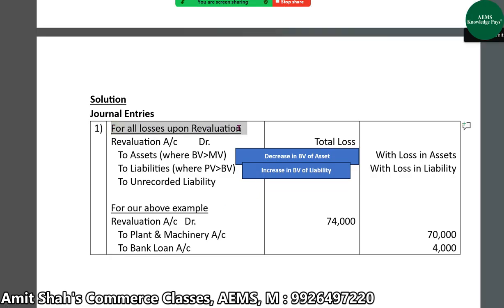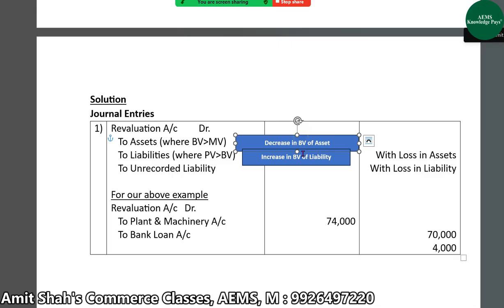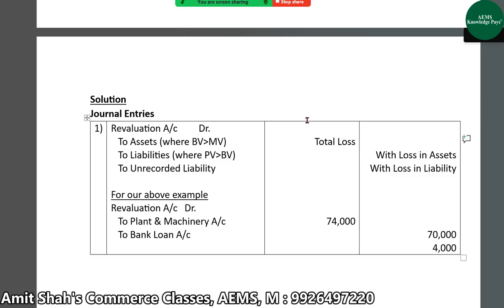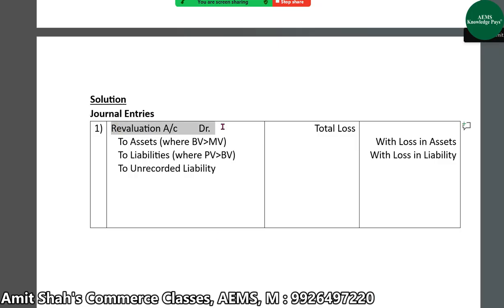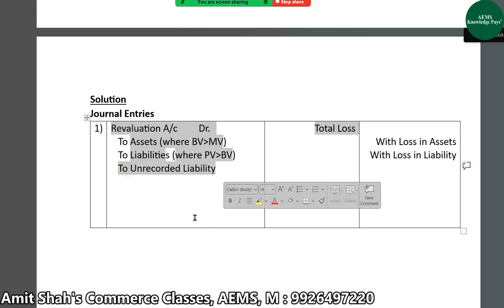The first journal entry would be for losses, where we debit the revaluation account with the total loss. We get to know the total loss from the assets whose book value is more than market value, the liabilities whose payable value is more than book value, and by recording unrecorded liability, by crediting the unrecorded liability.